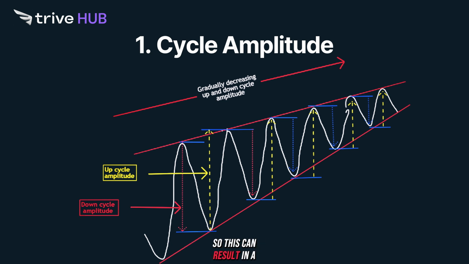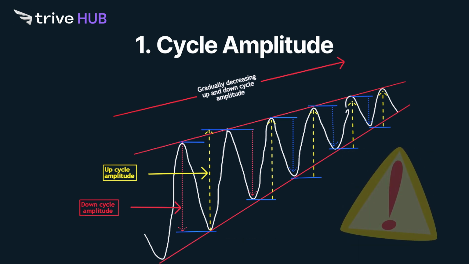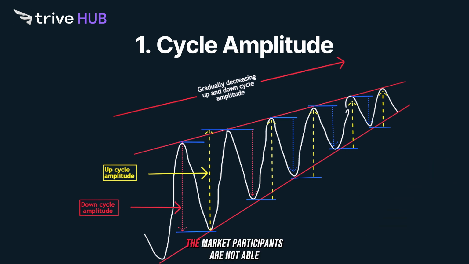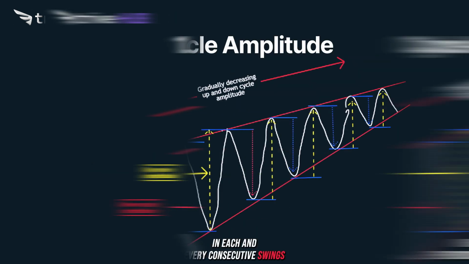This can result in a slowdown of trend, because you see the market participants are not able to keep the momentum up to its previous pace in each and every consecutive cycle of this uptrend. So we can say the trend is losing its momentum in each and every consecutive swing.